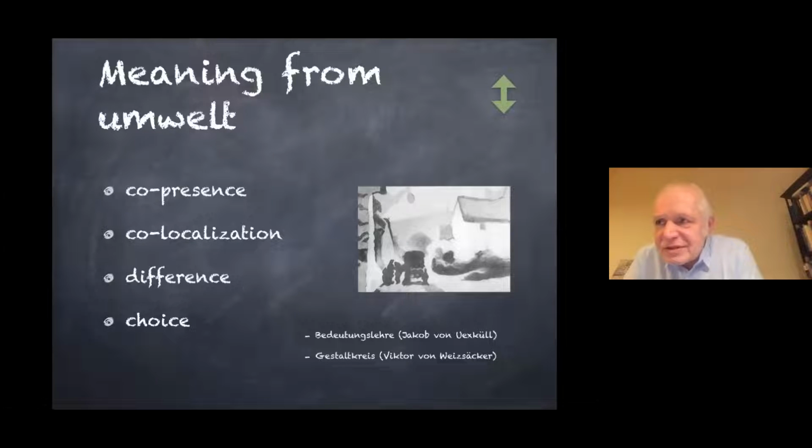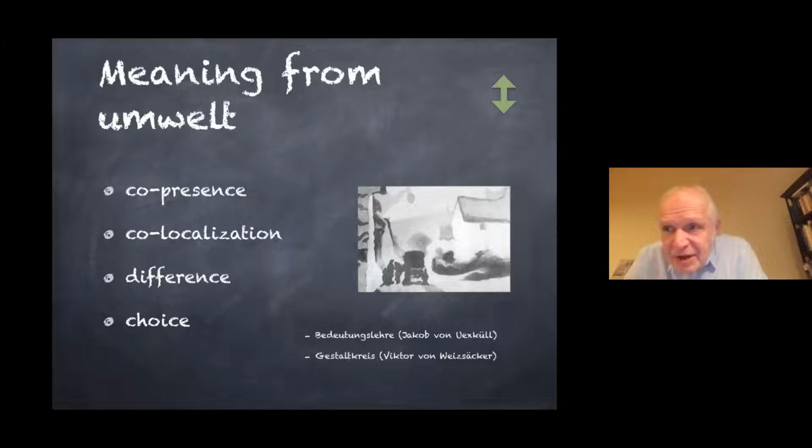Meaning is interpretant, which presupposes difference. A fundamental feature of Umwelt is co-presence, co-localization, that is simultaneity of something. The absolutely minimal Umwelt consists of difference. Difference, in order to be a difference, requires at least two receptors to register incompatibility.